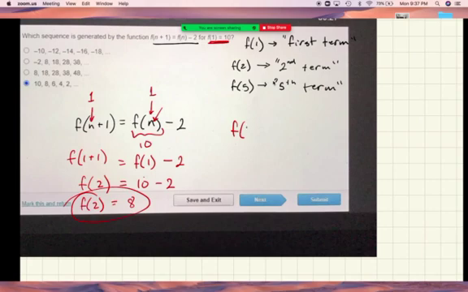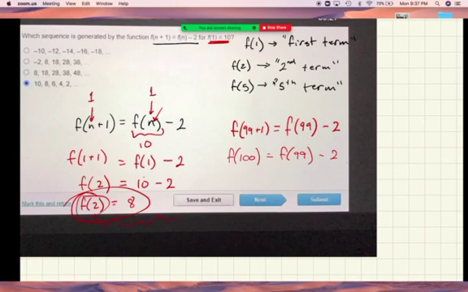That means I would plug in a 99 here, and then plus 1 would be 100. And then I plug in a 99 here, minus 2. If I wanted to find the 100th term, I need to know the 99th term in order to get that. So I can't jump way ahead.